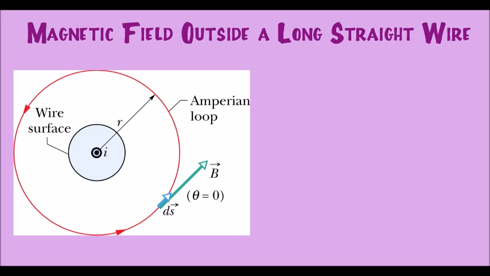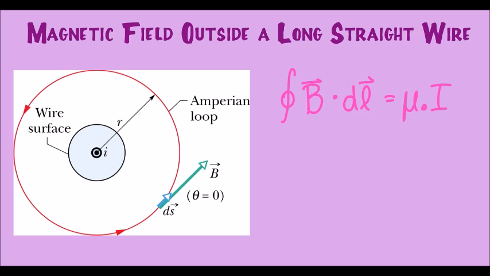We'll start out with the general equation for Ampere's law, which again is that the closed loop integral of B dot dl is equal to mu naught times I. And again, remember that that mu naught is that same constant that we've had before, 4 pi times 10 to the negative 7th Tesla meters per ampere.